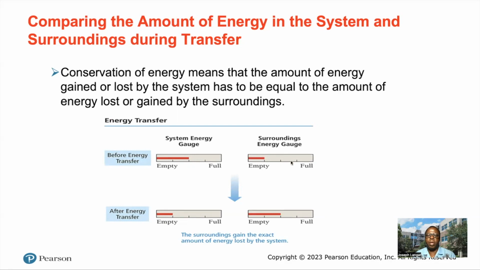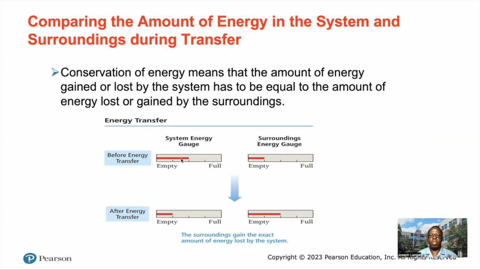It's the same thing here. If I transfer 1 centimeter, it's just gonna be half. So here, if we transfer 1, this will be 2. So the total energy of the universe is the same. Whatever the system loses, the surrounding gains an equal amount. Energy cannot be destroyed, but it can be transferred.